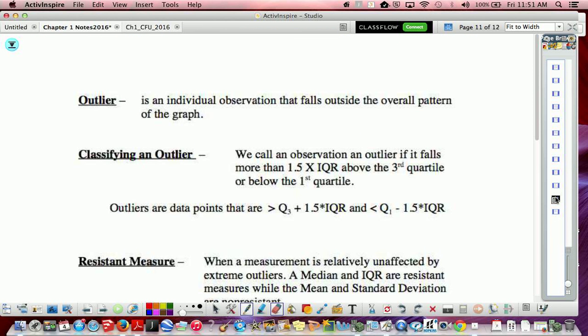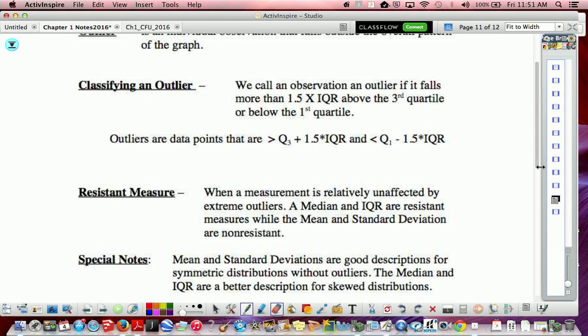Okay. Outliers. As we've been talking about potential outliers, it's just an observation that falls way outside the overall pattern. So how do we classify an outlier? Here is our formula.